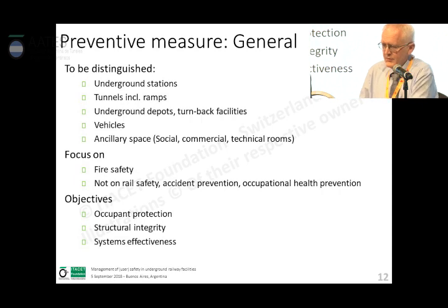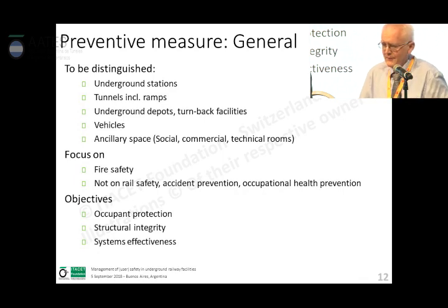If we start with these preventive measures, in general, we have to distinguish, and that's done in these guidelines as well, underground stations, the tunnels, or ramp sections. Then we have to look at underground depots, turnback facilities, and so on. Then we have to address the vehicles or other ancillary spaces like technical rooms, social rooms, commercial shops. Then the question is, what is the focus of this?